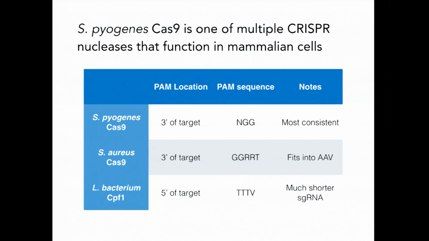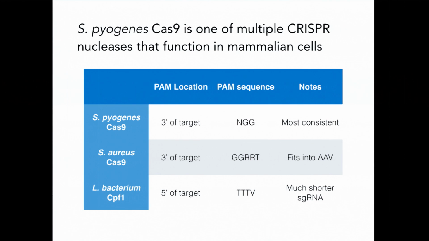And then we have Cpf1, which was described after Cas9 and serves a very similar function to Cas9 in that it's a single protein that uses a single RNA in order to achieve target cleavage. But there are some things about it that are different and interesting. Instead of having the PAM on the 3' end of the target, the PAM is on the 5' end of the target.